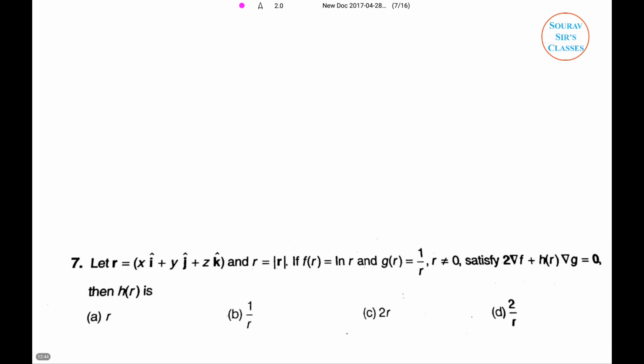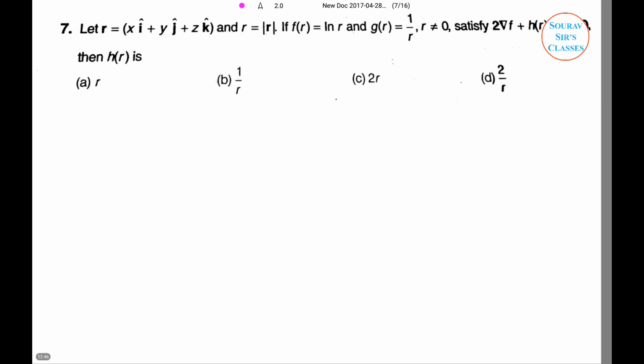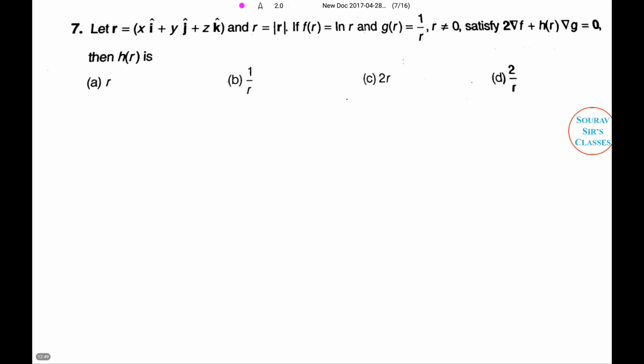This one is based on a structure. Okay, they've given as base, f of r equal to ln, that means log base e of r, and g of r is a function 1 by r. Now they have given us an expression, and which one will satisfy this particular expression. So here r equal to xi plus yj plus zk.